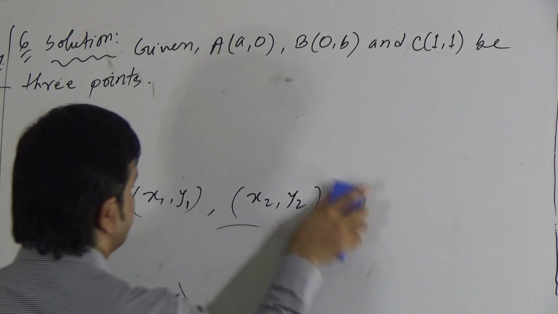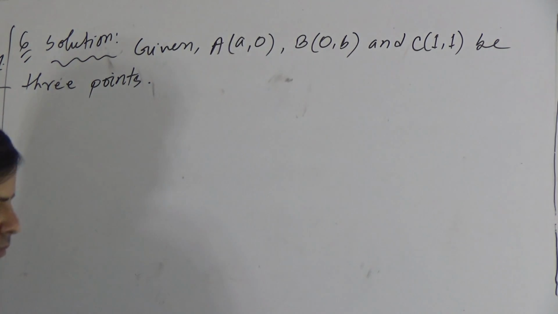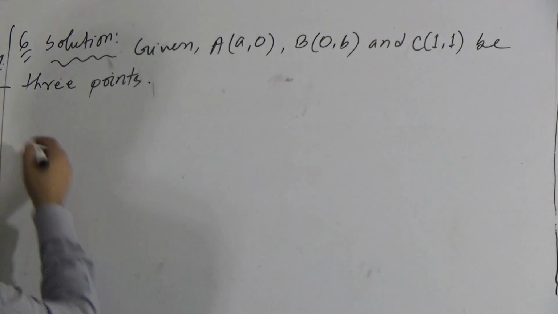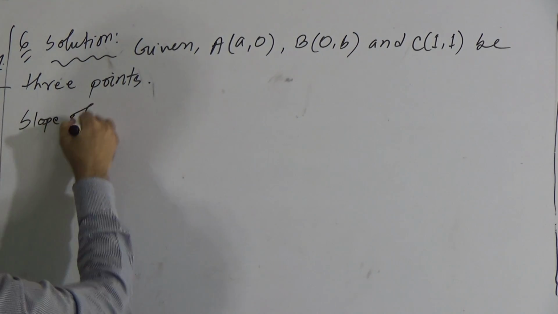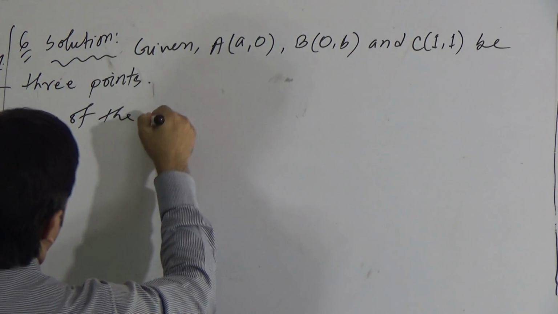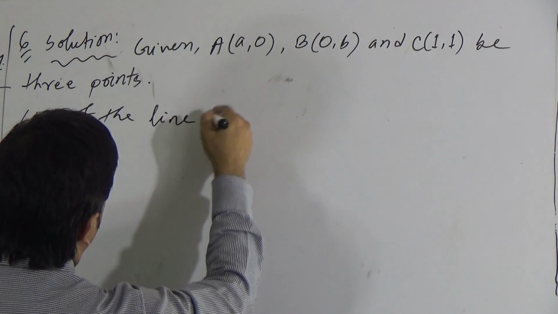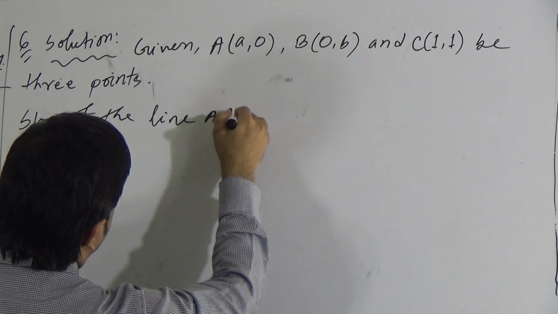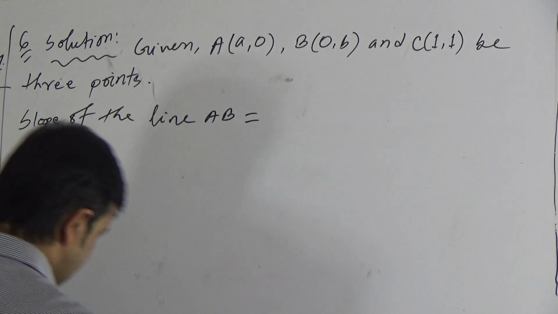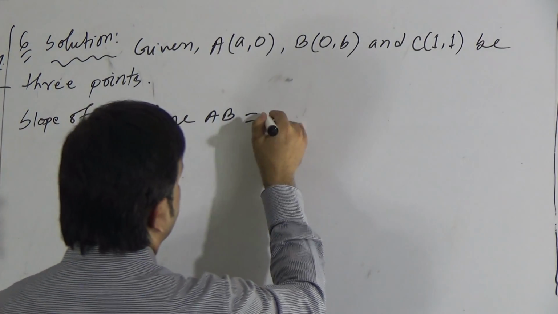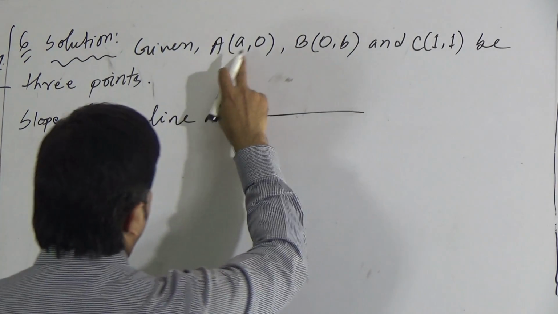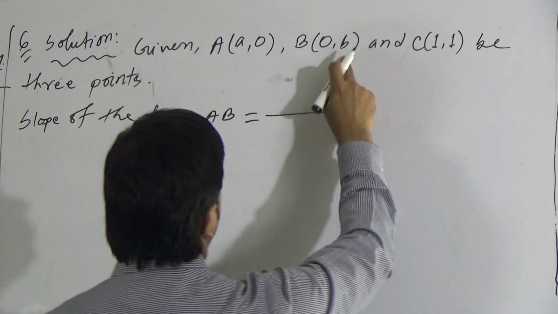So we can see here the slope of the line AB. It means line AB means the line passing through point A and B. So consider this is x1, this is y1 and this is x2, this is y2.